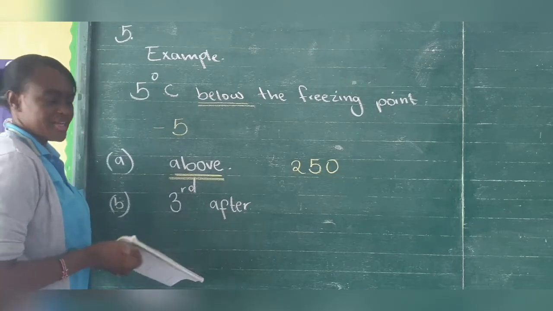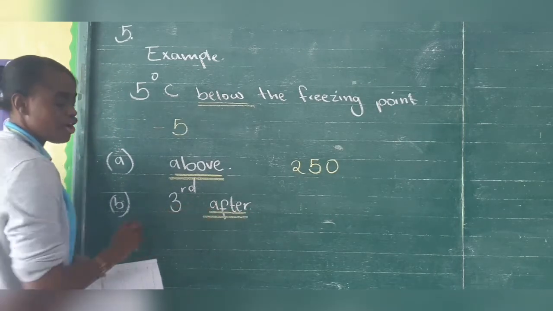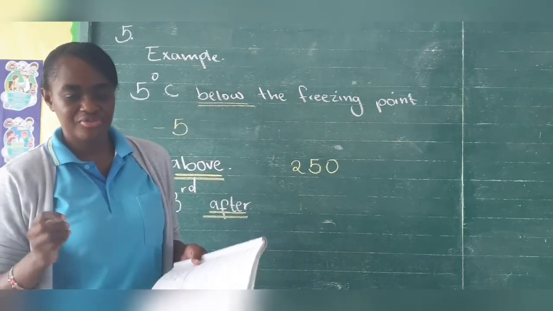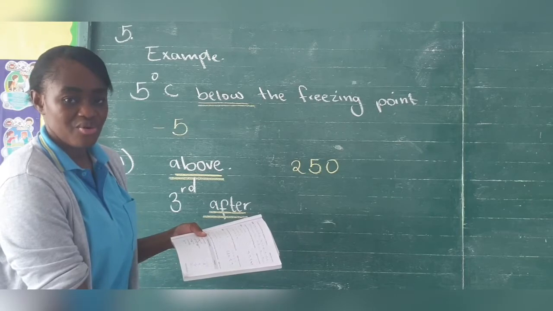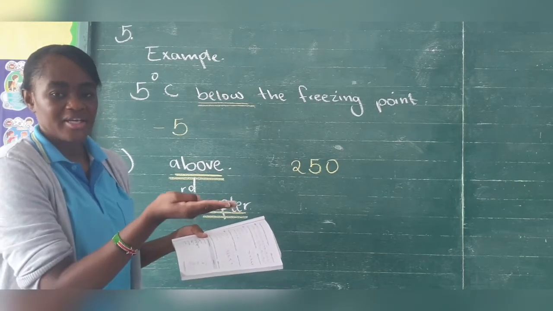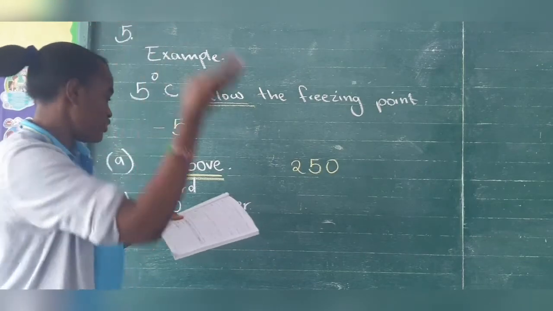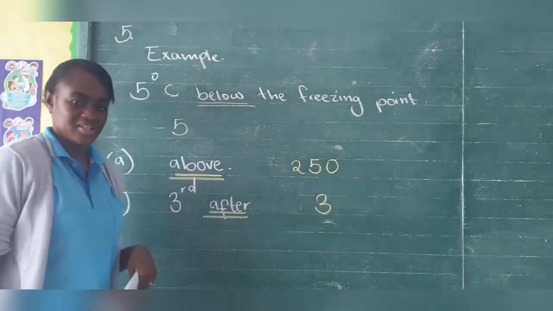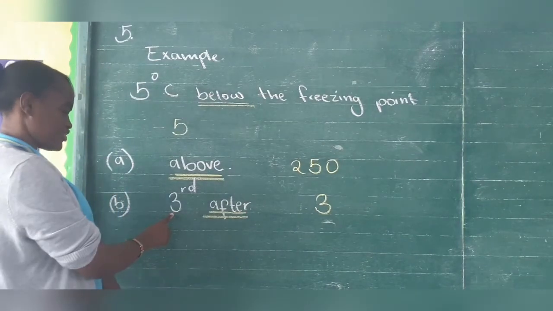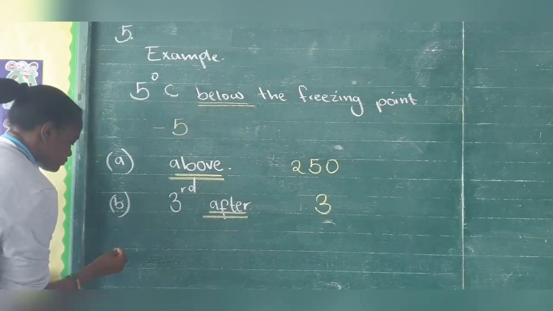So the key word is after. So we have ground floor, which is 0. So after, 1, 2, 3. Okay? Your answer is 3. The third floor. It remains 3. Okay?